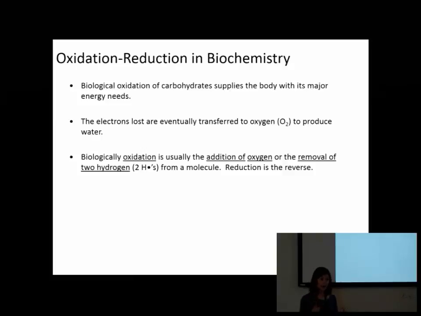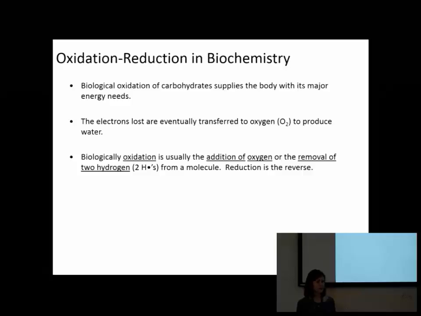One thing I want to point out is that the ultimate electron acceptor is oxygen. So what do you predict about its standard reduction potential when oxygen is reduced to water? Is it going to be higher or lower than everything else in the electron transport chain? Yes, it's going to be higher because it's accepting electrons.